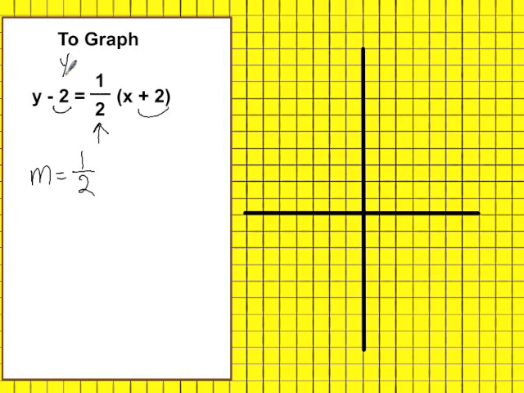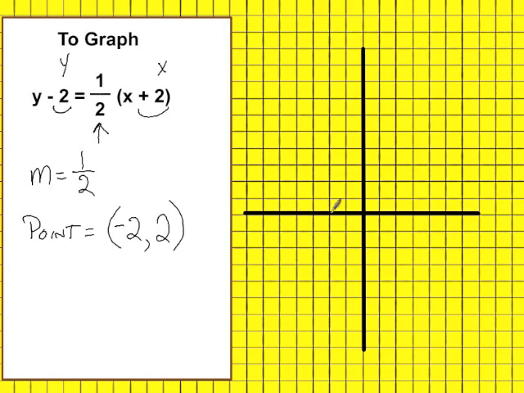This will be our y, because it's with the y's, and this will be our x. Our equation is subtracting, so we want it to be subtracting. So we're going to have a positive 2 for y. If we have a plus here, we need to do the opposite of what this is, so our x is -2. So we have a point of -2, 2, and a slope of 1/2.